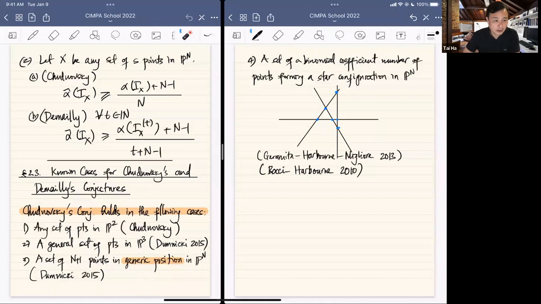Okay, so that's the next case. And then we have just any set of points lying on a quadric.